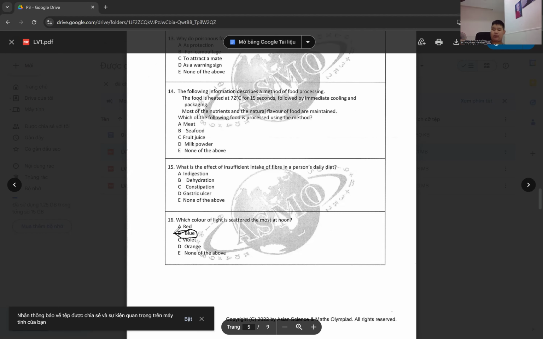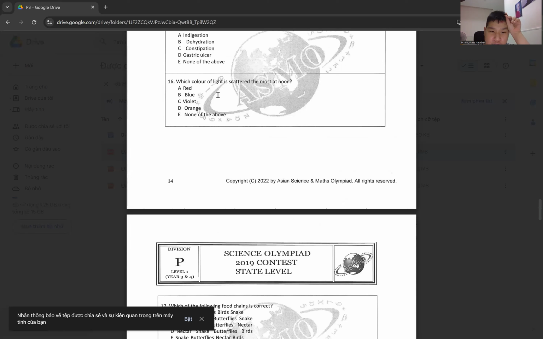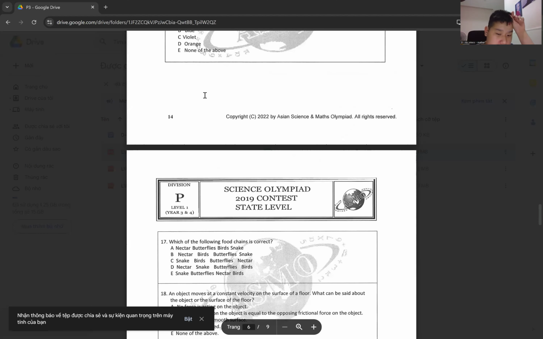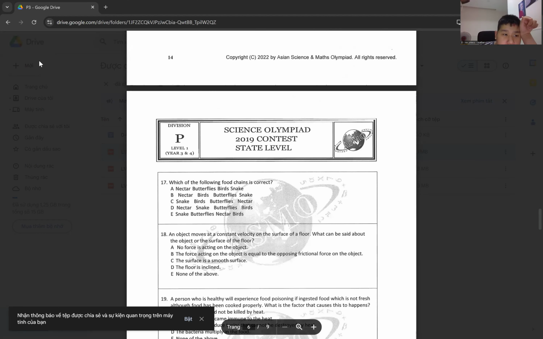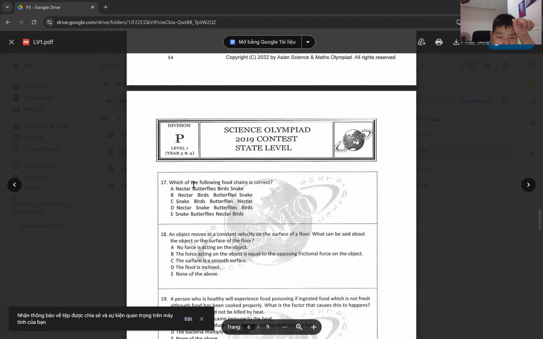That's because it's what it looks like at noon. In the morning, on some days it could be gray, but usually it should be blue. And it says scattered the most. It could be red on some days, but unless you're colorblind and you see violet or orange, it should 100% be blue. Usually.